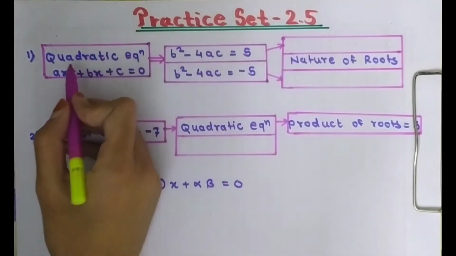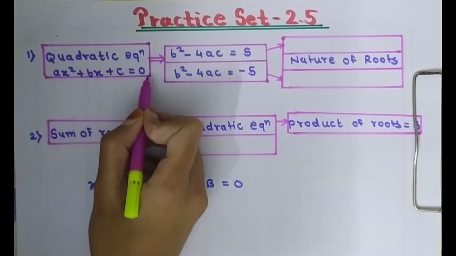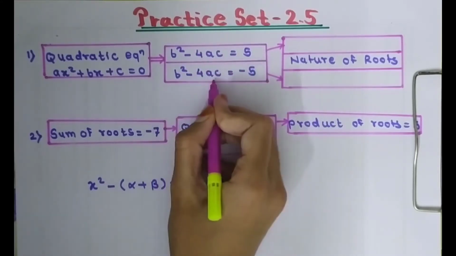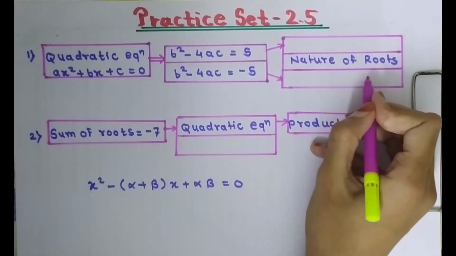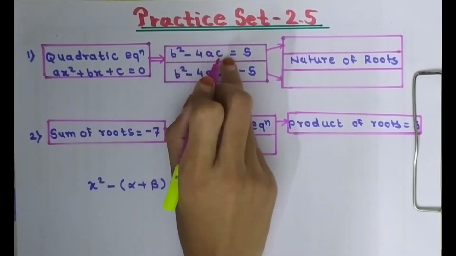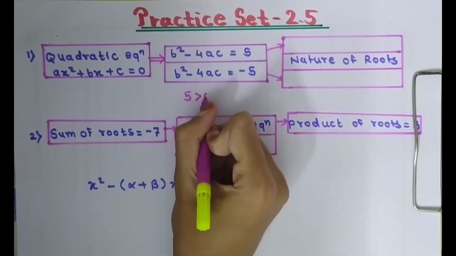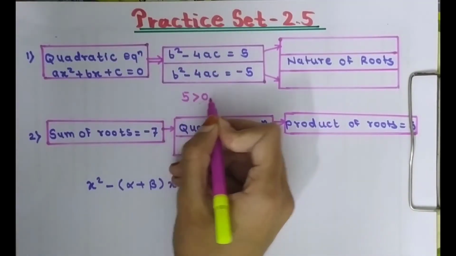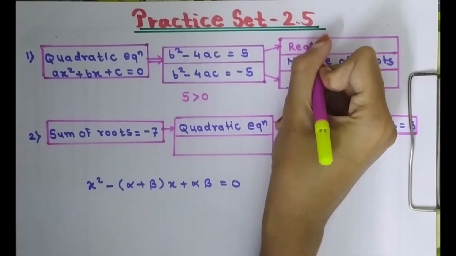Practice set 2.5, question number 1. For the quadratic equation ax square plus bx plus c is equal to 0, b square minus 4ac is equal to 5 and b square minus 4ac is equal to minus 5. We want to find the nature of roots. First, b square minus 4ac is equal to 5, which is greater than 0, so its nature is real and unequal.